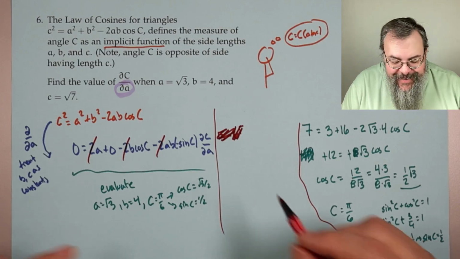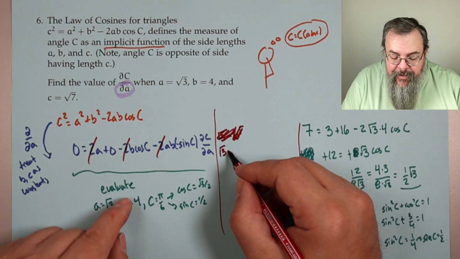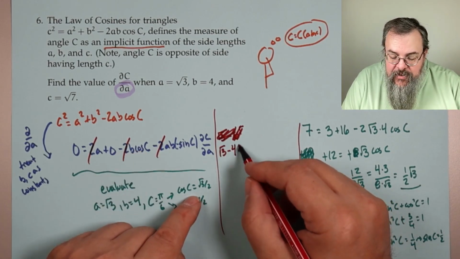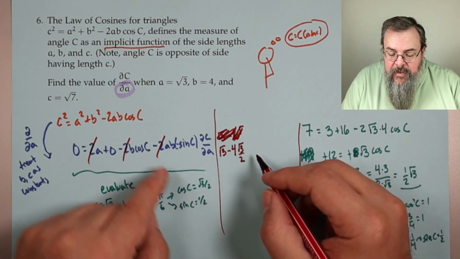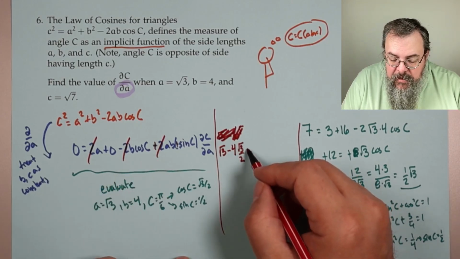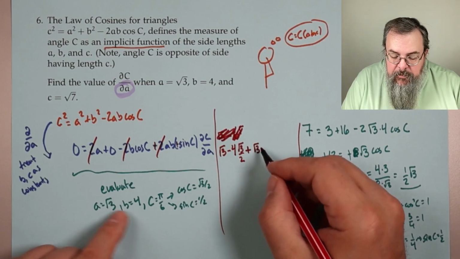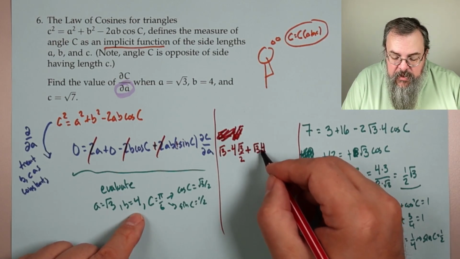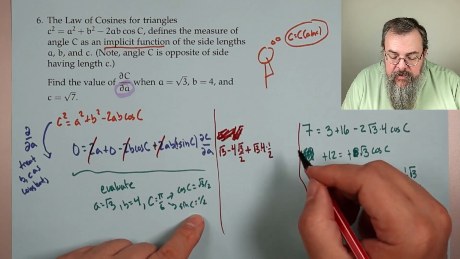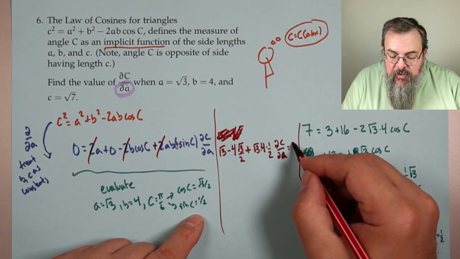I said 4, I wrote B. Try that again. A square root of 3 minus B, 4, times cosine C, square root of 3 over 2. And now here, minus minus makes plus, plus A square root of 3, B, 4, and then sine of C, 1/2 times partial c partial a equals 0.